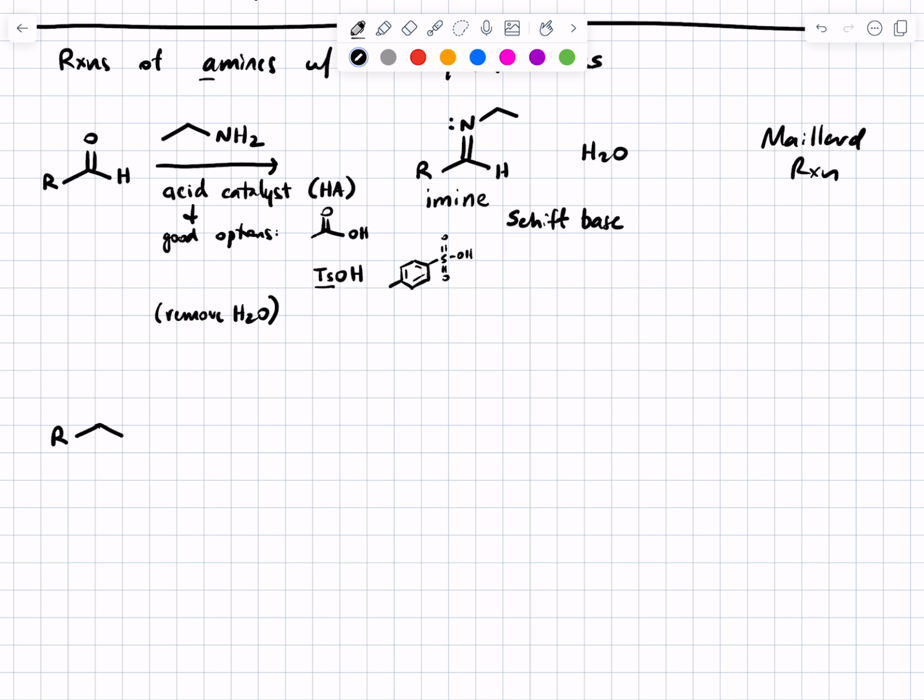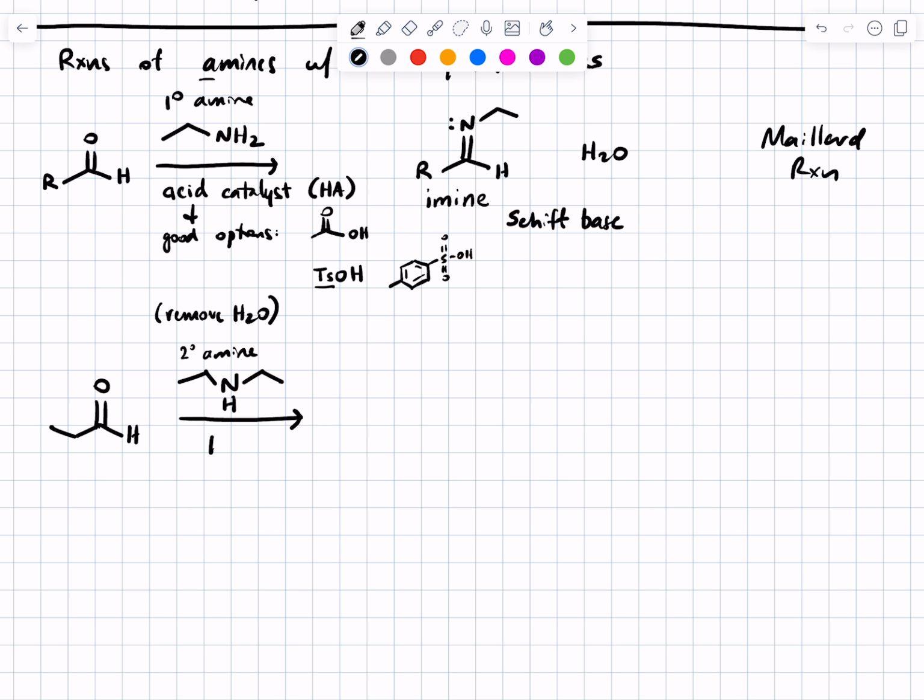A related reaction, and I'll show you the mechanism of this for a minute, but let's just take a general overview. To show this reaction, I actually need to draw the structure of an aldehyde or a ketone. So let's let it be this aldehyde, and let's use a secondary amine instead of a primary amine. So here is an amine with two R groups attached. Okay, that is a secondary amine versus a primary amine.